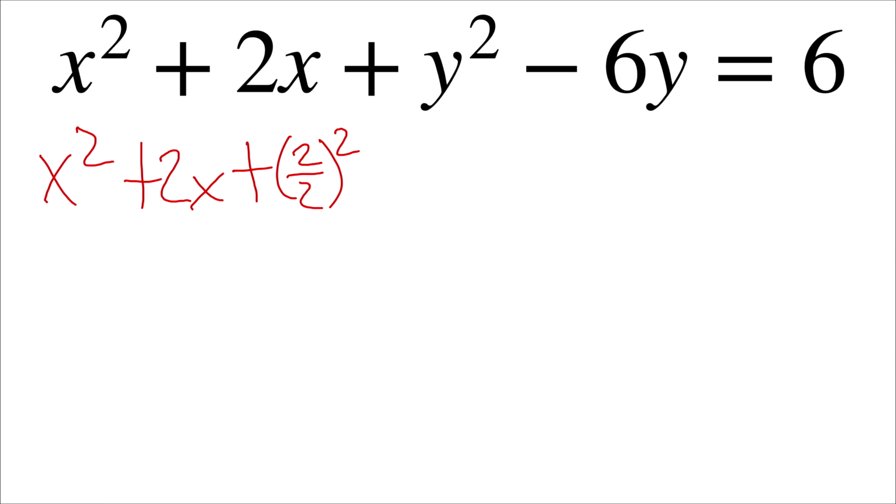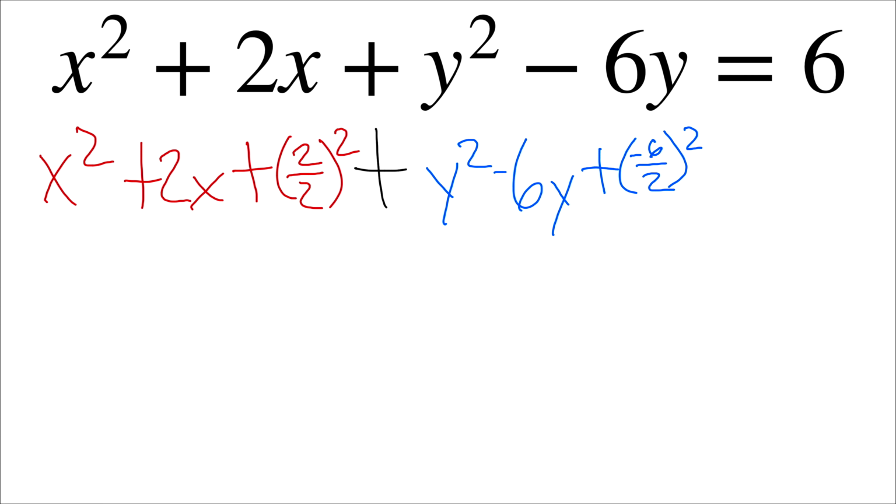And then we have to do the same thing, so plus y squared minus 6y plus negative 6 over 2 squared. And that's going to equal 6 plus 2 over 2 squared plus negative 6 over 2. We are running out of space here.